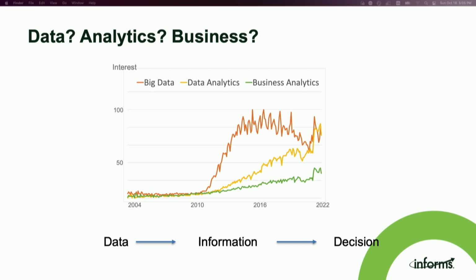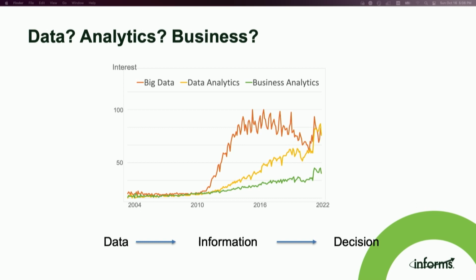This figure shows the relative Google search frequencies since 2004 of three key phrases related to data: big data, data analytics, as well as business analytics. The y-axis of this figure is the search frequency normalized to 100, so a higher value means that the concept is more popular. And the x-axis is the time frame.